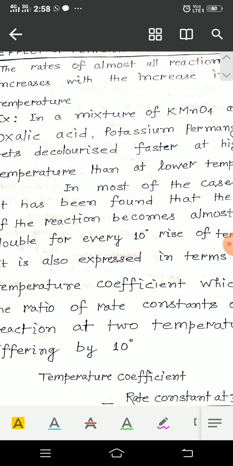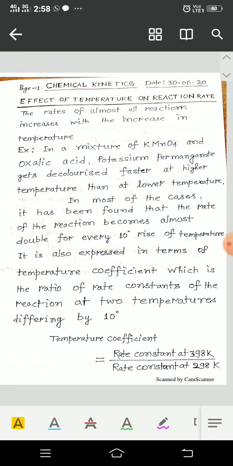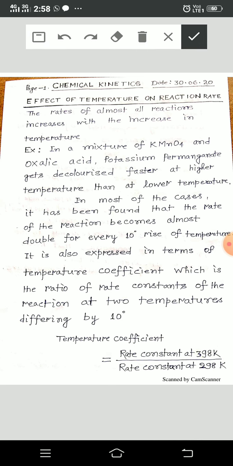See here, this is the relation of temperature coefficient. So temperature coefficient is equal to rate constant at 308 K by rate constant at 298 K.